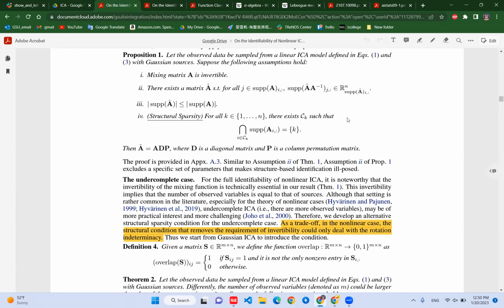But if there is this additional sparsity constraint, the sparsity is on the mixture matrix, the A matrix, not the source. The sources are Gaussian from the start. If the A matrix is sparse, the mixture is Gaussian, you're mixing a few sources at a time.